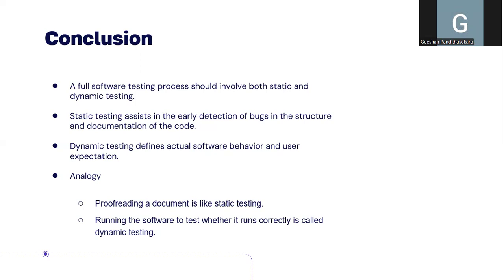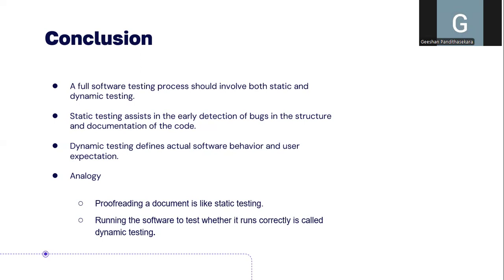Static testing lets us catch problems early by reading and reviewing. Dynamic testing allows us to validate the behavior in real scenarios. Think of static testing as reviewing the recipe and dynamic testing as tasting the food. Both are necessary to deliver something truly excellent.